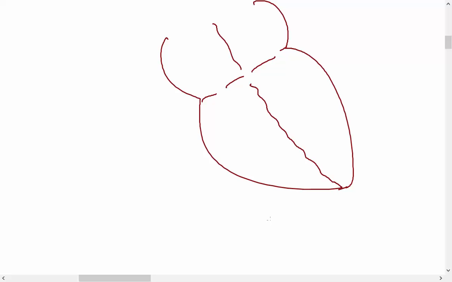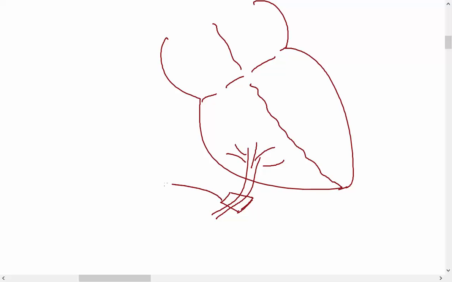Okay, let's go to the heart. The heart muscle gets blood supply from an artery called the coronary artery. Most of the time, the heart's blood supply by the coronary artery goes through a different kind of block. Let me explain.